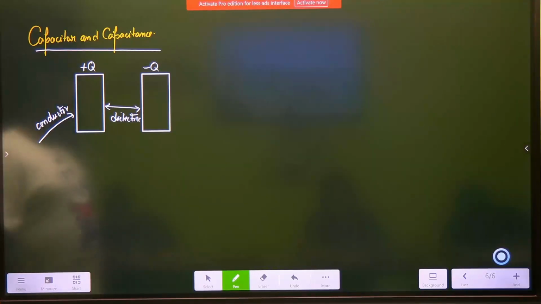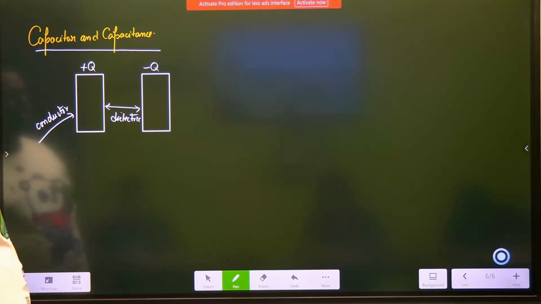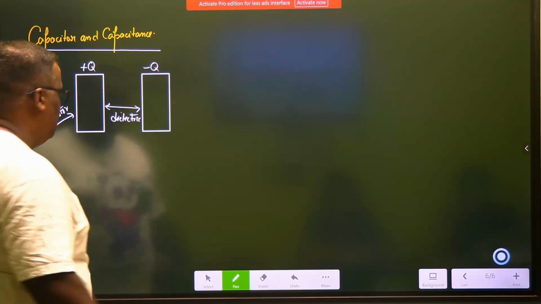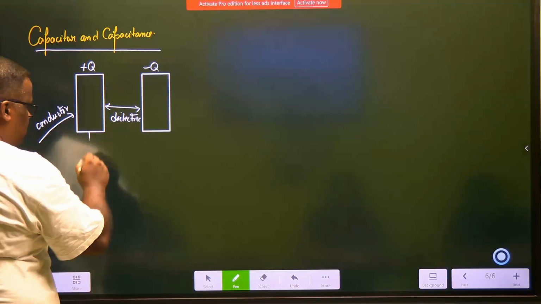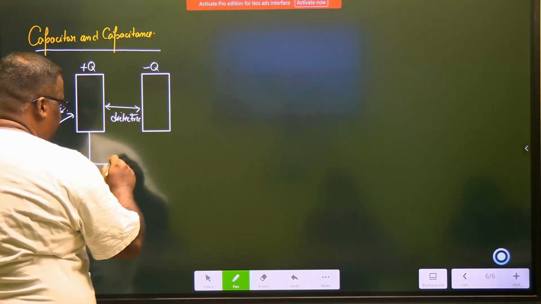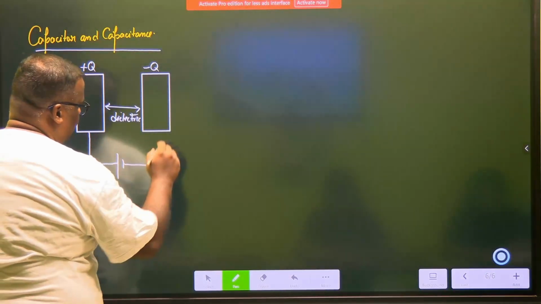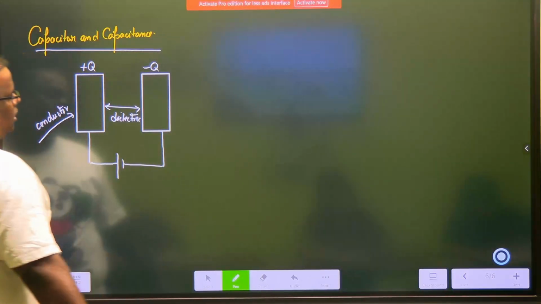So two conductors separated by a dielectric, equal and opposite charges. And how did you create these charges? We created these charges by connecting them to a battery.